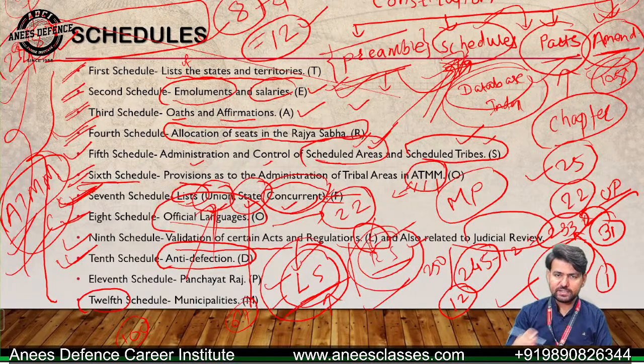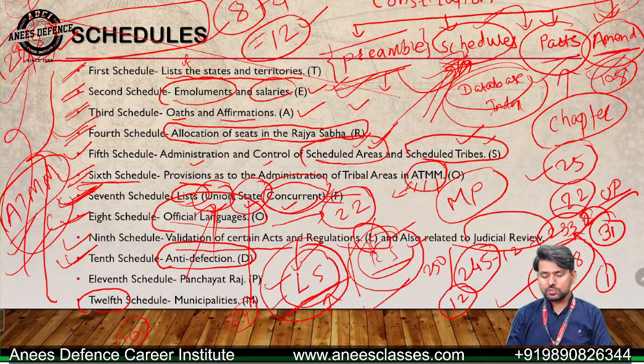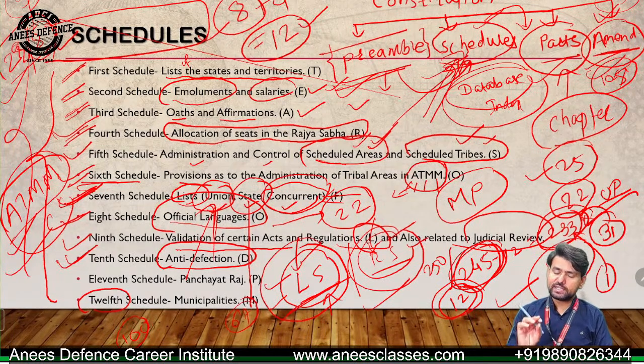This is the second. Third criterion is all about any nominated member switching to a political party. Out of the 245 members in Rajya Sabha, 12 are nominated by the president. They are not elected, they are nominated from various fields: art, literature, social science, etc. If a nominated member joins a political party, even there this law will apply, but there is a condition.